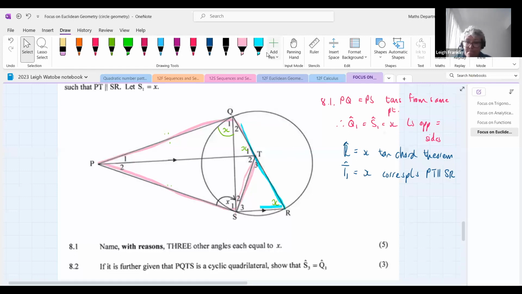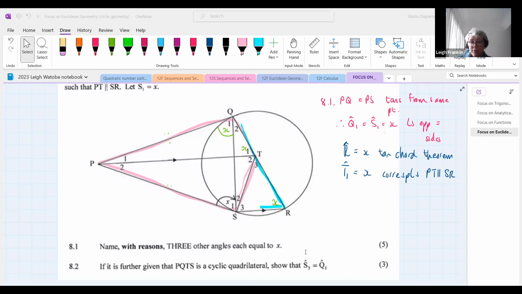All right. So T2 equals S3 because of alternate angles. They are, but that doesn't help us with answering our question, because we do not know at this point whether either T2 or T3 were equal to X. So we can only get Q1 from angles opposite equal sides.